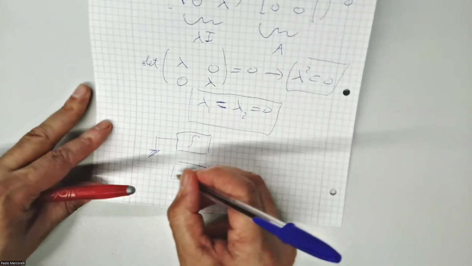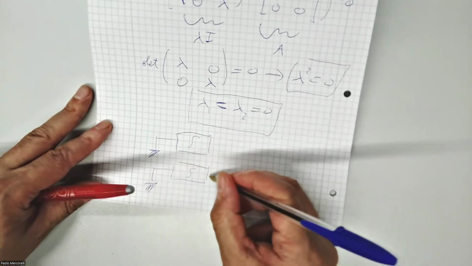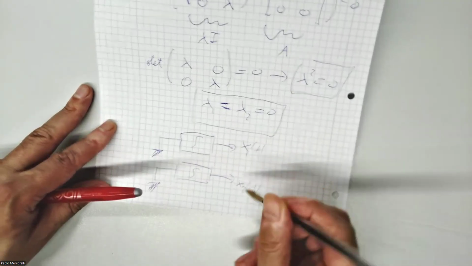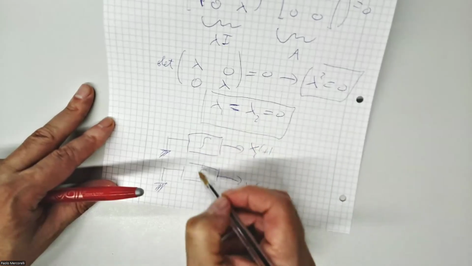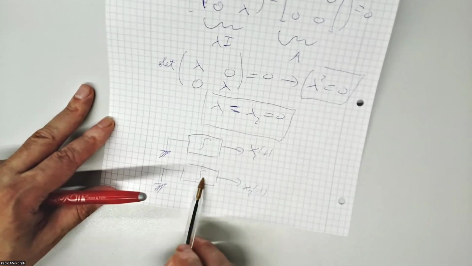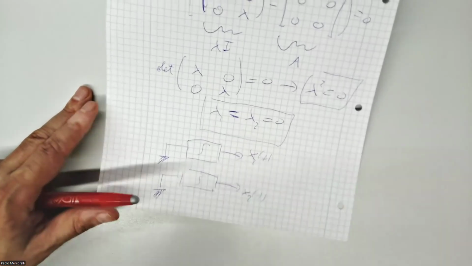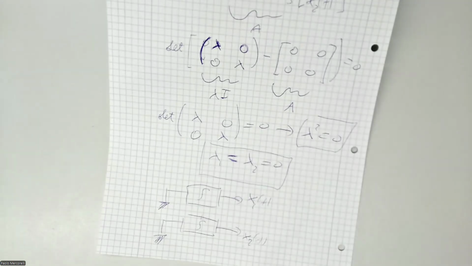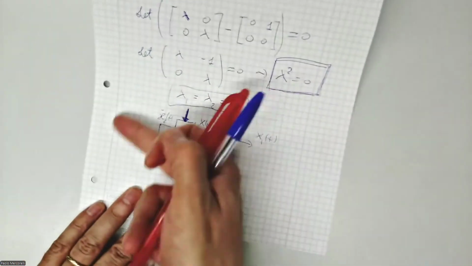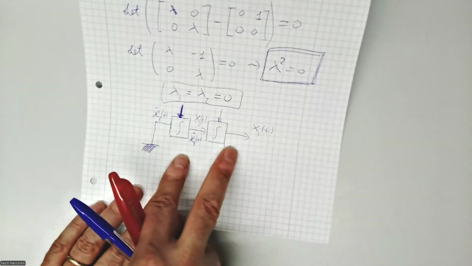We have a parallel structure: x1 of t, x2 of t, independently of the initial condition, remain limited output. 1 remains 1, 2 remains 2, because the system is not cascaded. This concept of dependent and independent eigenvectors is related to the connections. Here it is interconnected in cascade form. Here it is not.